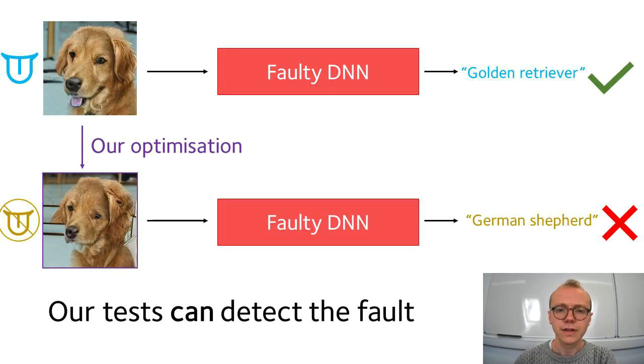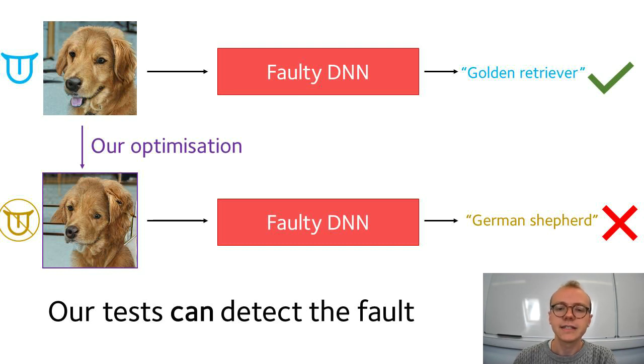In this talk, I'll describe a new approach to testing deep neural networks that can detect faults such as this. In this example, our method starts with an image that is correctly classified as a golden retriever and tweaks it so that it is incorrectly classified as a German Shepherd. But rather than making imperceptible tweaks to individual pixels, our method tweaks high-level features of the image.